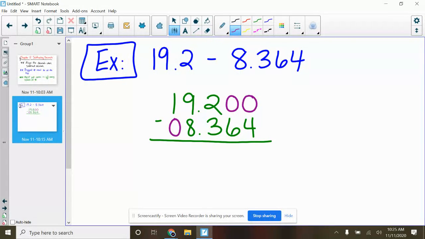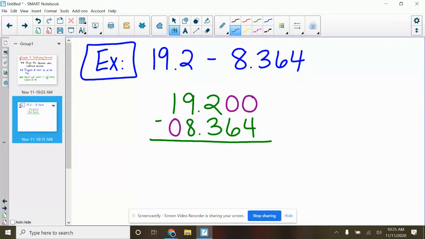And that one that I borrowed keeps moving down the line, and now it's made it to the thousandths place. Do I have to borrow here? No, because I've made it back to where I started. So now I'm ready to do some math. What's 10 minus 4? 6.